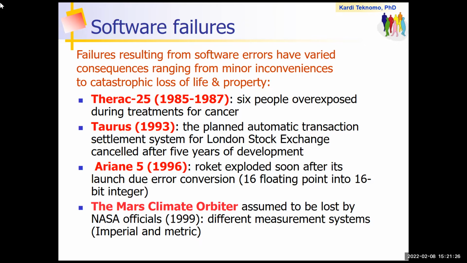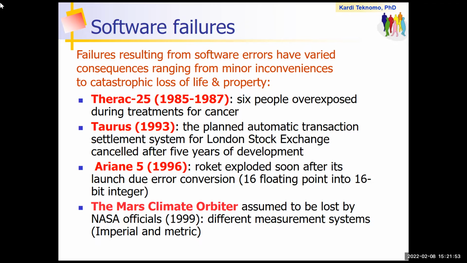Ariane 5 of France. The rocket exploded soon after the launch. Why? Because of the conversion of a 64-bit floating point into a 16-bit integer. I mean, look, the people who create this software are experts in programming, right?